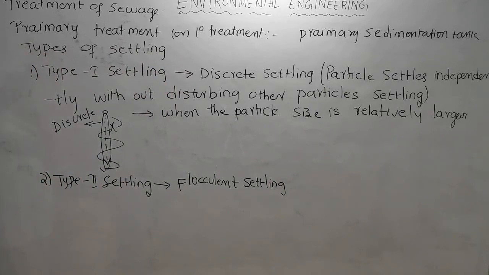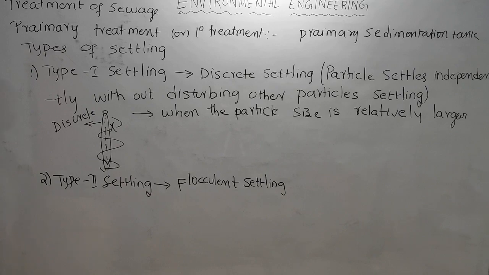The flock will bring the finer particles together and increase the mass of the particle, by which they will settle faster. Earlier the particles are far away, so the flock will bring all those farther particles together and increase the mass of the particle.